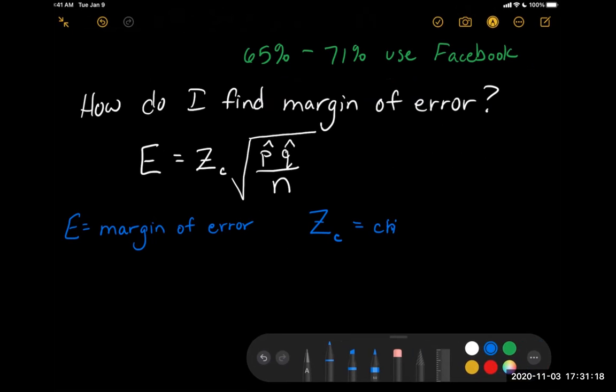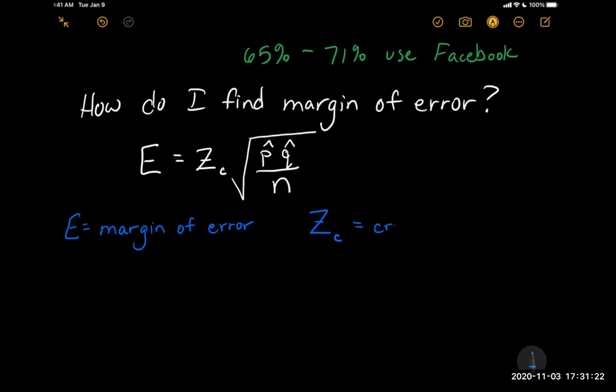I'm going to review critical Z. P hat we just talked about. That's our point estimate, and the way that we defined a point estimate was the proportion who said yes.